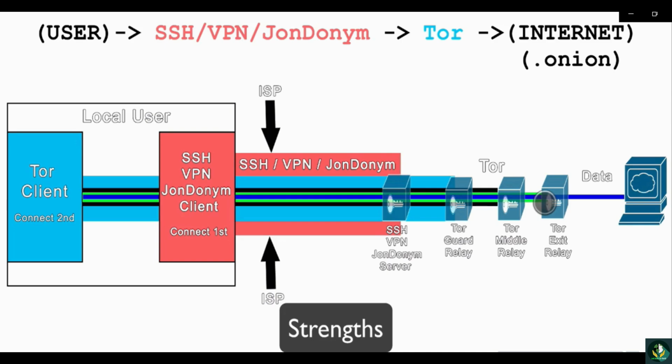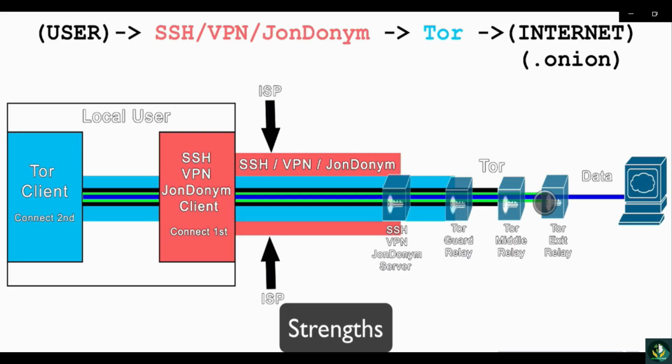Let's have an example: if an attacker gains the Tor guard relay or passes the Tor middle relay and finally the Tor exit relay, and Tor stores activity of the local user by incoming SSH, VPN, John Doe nym attack.